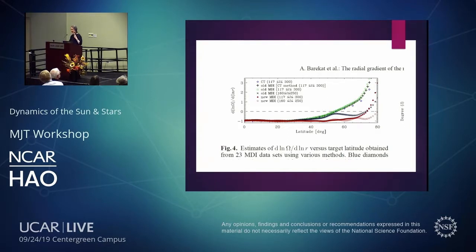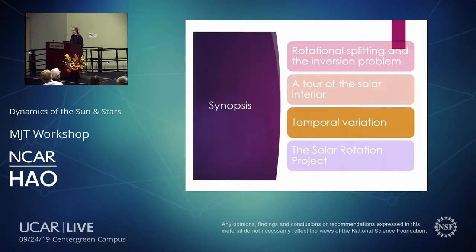And it turns out if you use the reanalyzed MDI data and throw out the really high F modes, that change in sign doesn't happen. It pretty much goes away and it stays pretty close to -1 for quite a high range of latitudes. So again, that's a reminder to be careful of your systematics.